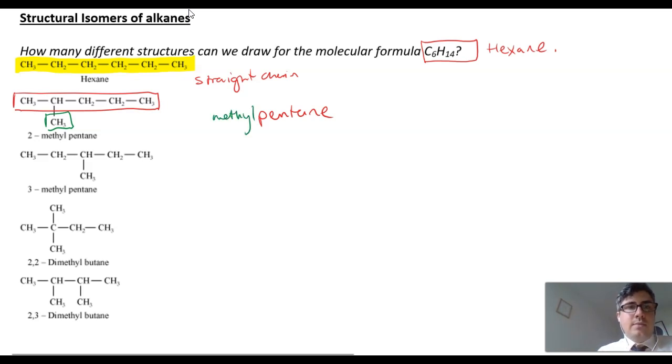And then we need to make sure we've numbered the carbons appropriately. So 1, 2, 3, 4, 5, going that way. Otherwise, you'd end up with the methyl group being on the 4 position, which is no good. So that means that it's on the second carbon there, so it's 2 methyl pentane.